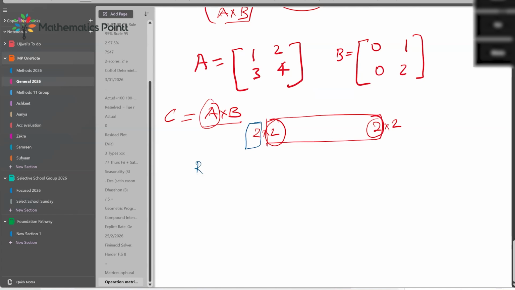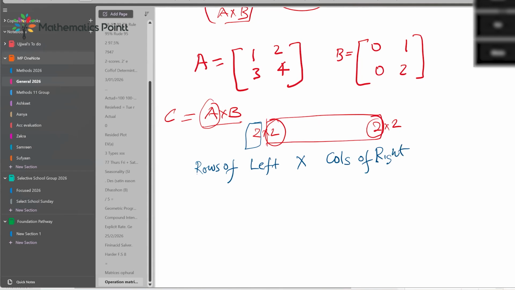the rows of the left matrix times the columns of the right matrix. So if I multiply A cross B here, I will get a matrix which is a 2 cross 2.